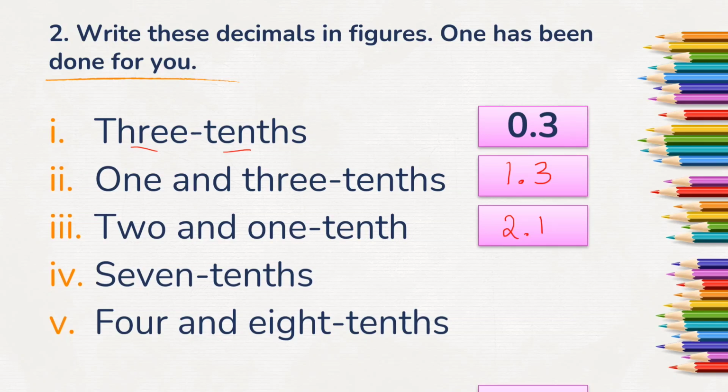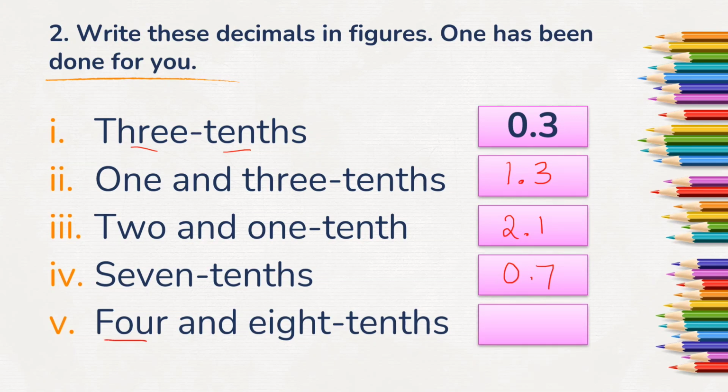So we'll write as 0.7. And then 4 and 8 tenths. 4 is the whole number. So we write 4.8. 8 tenths. 8 parts out of 10 parts. If all the 10 parts were considered, it would have become one whole.